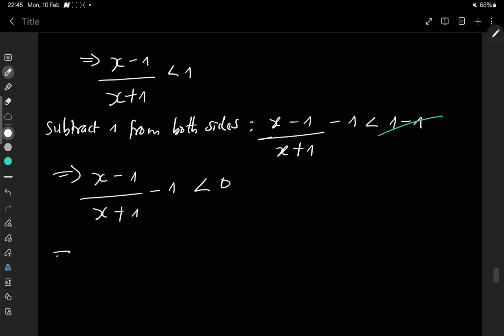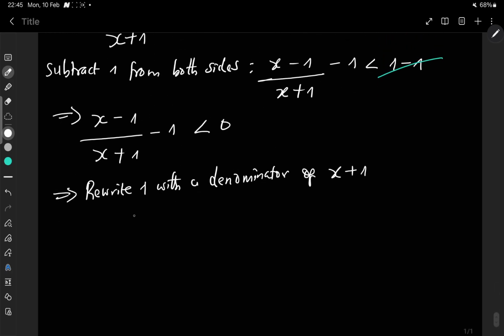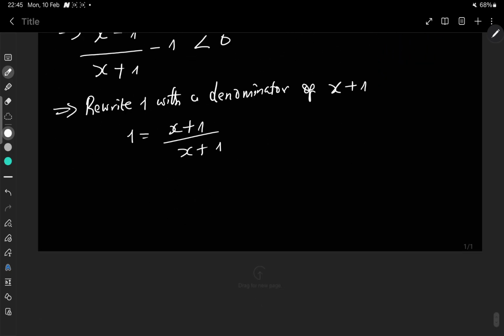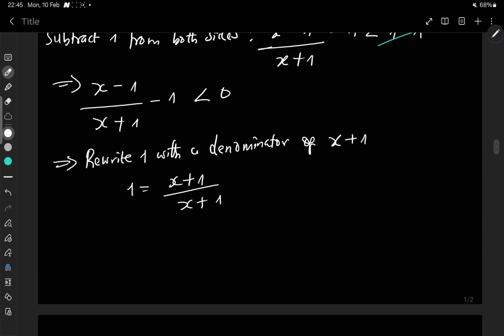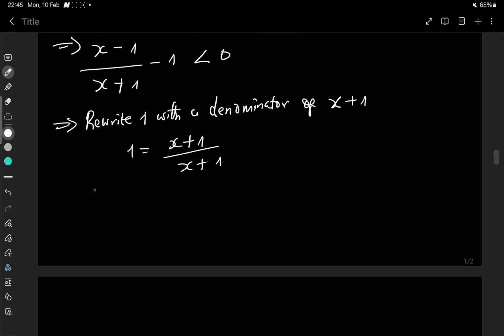So the next step we're going to take is that we're going to rewrite 1 to have a denominator of x plus 1. You know that 1 is equal to x plus 1 all over x plus 1. So we're going to substitute it so that we can have the same denominator.